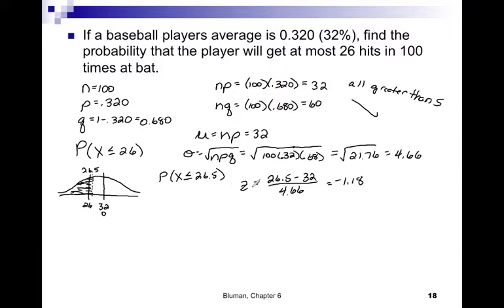I'm looking in my book, and that's 0.3810. If I wanted greater than, of course, I'd have to subtract it from 1 and get the area on the right. But the z-score always tells me the area to the left.